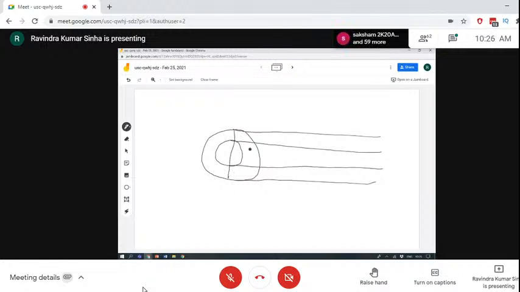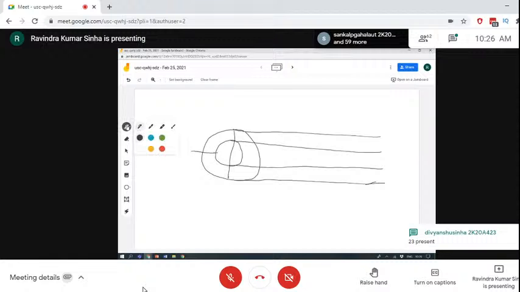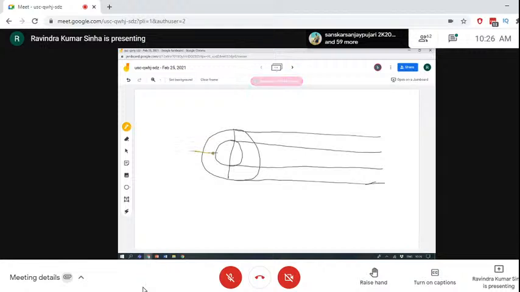That is the fiber, it will be there. So this type of a thing. I hope it is clear to you. Now this is the axis of the fiber.